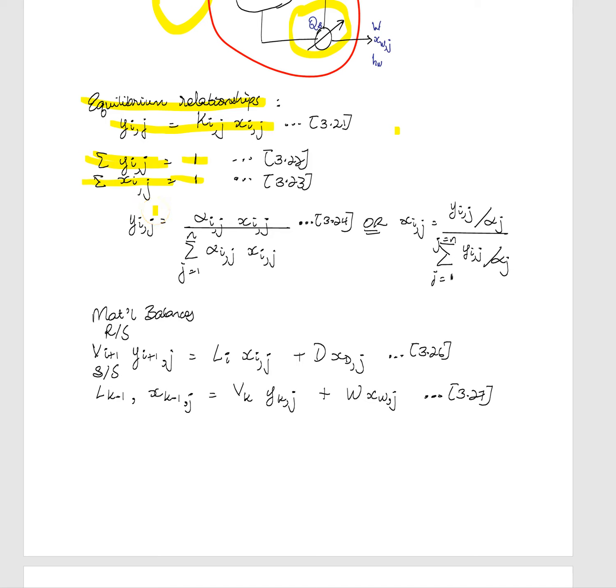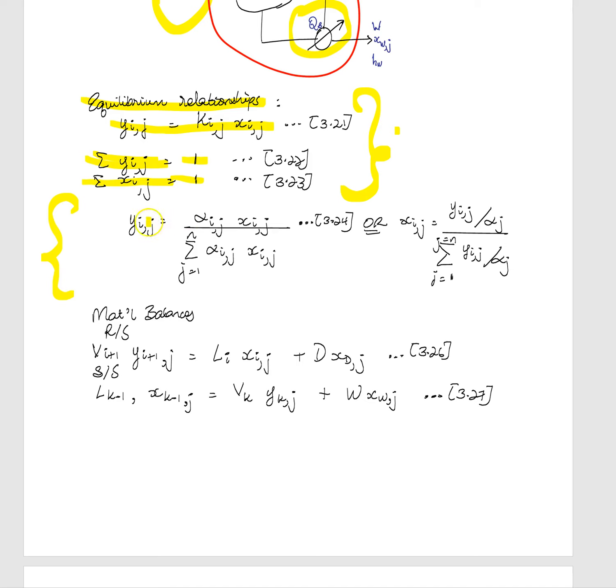So we can use our equilibrium relationships in terms of the equilibrium constants, or K, which would be our boiling point method of determination, or we can get our compositions using the concept of relative volatilities.